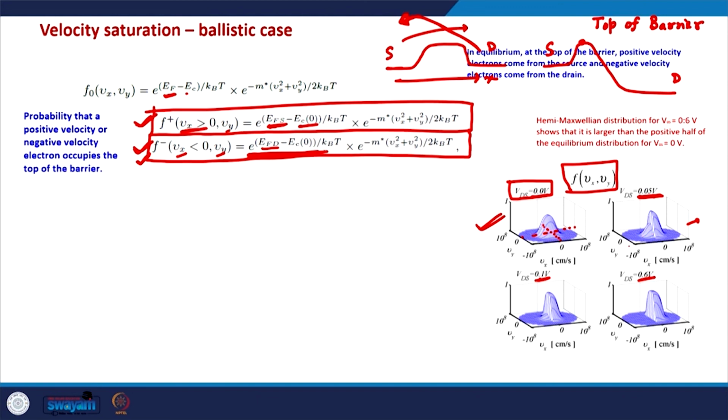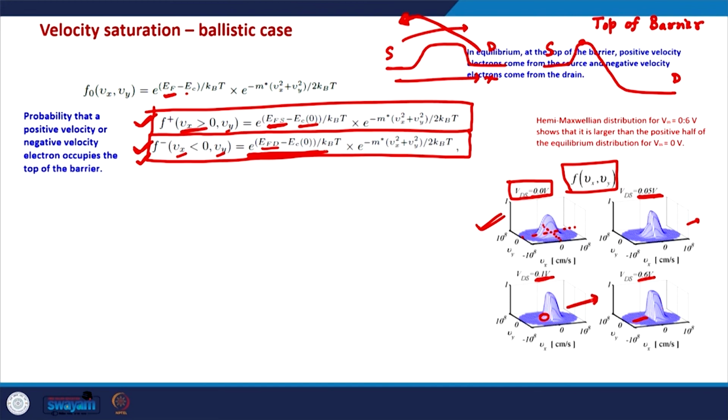So there is a net current in the MOSFET. For slightly larger VDS, the negative velocity electrons drop down abruptly and only the positive velocity electrons are there, and finally for higher values this totally diminishes, the negative component totally goes away and only the positive component is there.